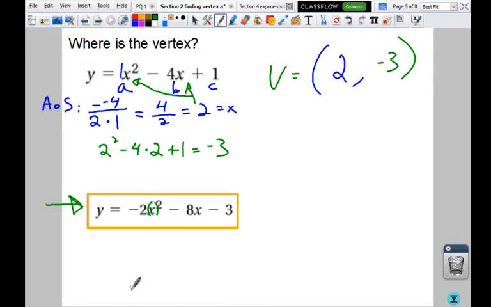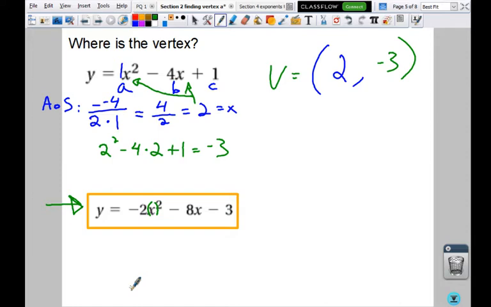We need negative 2, right? There's a negative 2 in front. Negative 2 times negative 2 squared. Negative 2 right here, and then x. There should be a negative 2 right here.